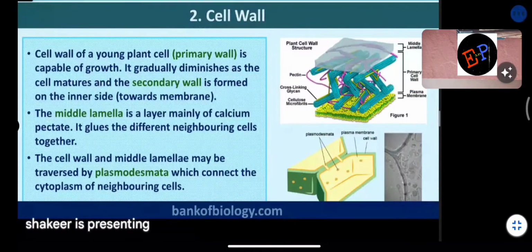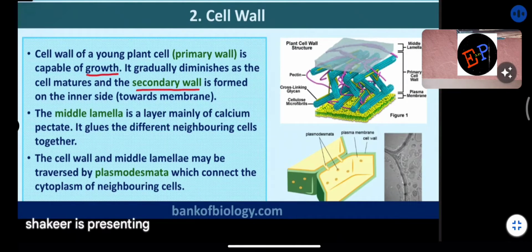Next. The cell wall of a young plant cell is capable of growth. If you have a plant at its initial stages, in the bud form or the preliminary stages, then it has the ability to grow. Once the cell matures, the cell wall cannot grow, and that type of wall we call the secondary wall.